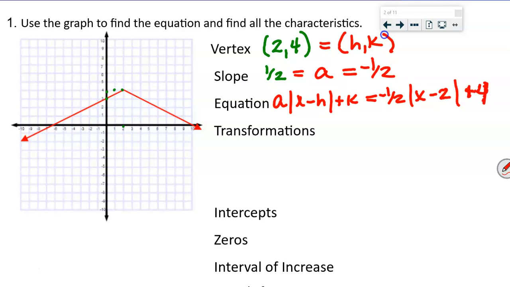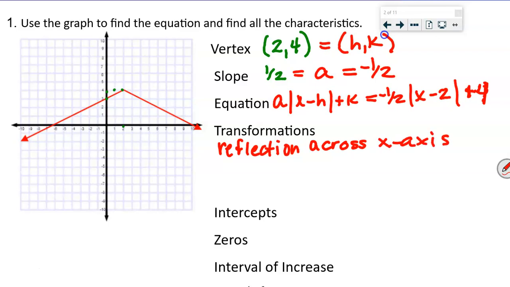So also what we want to talk about now are our transformations. So if you recall, if it opens down, then that is a reflection across the x-axis. So when a is negative, that's a reflection across the x-axis or over the x-axis.